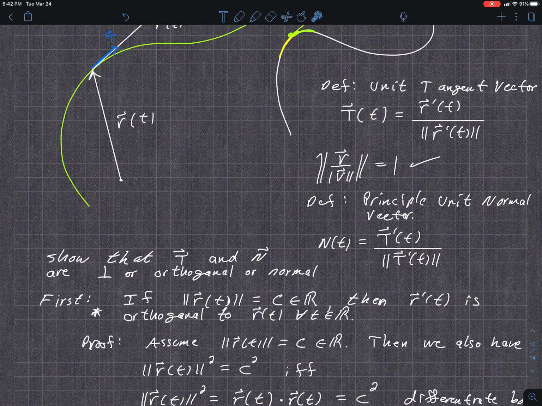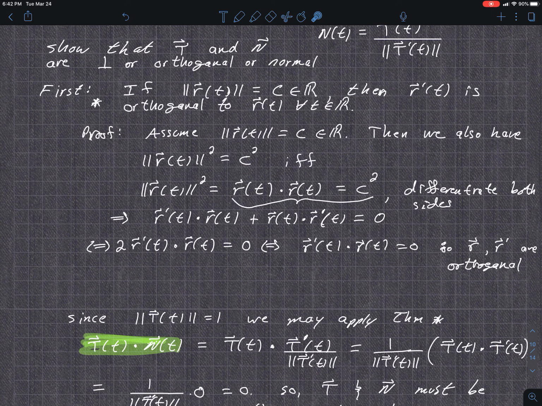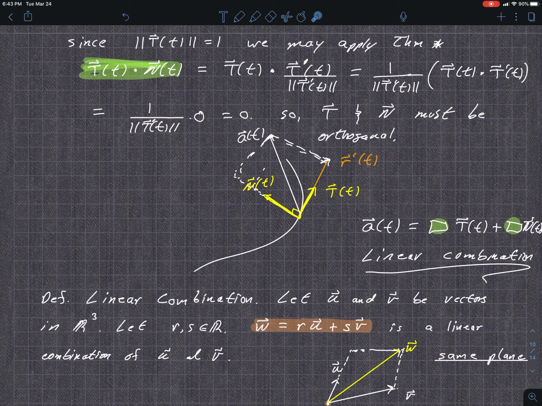The premise of it is this theorem: if the magnitude of r of t is constant, then r prime is orthogonal to r. So these two are orthogonal. That's where it lies, because since T has length 1, its magnitude is constant.